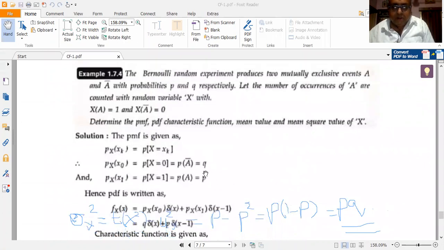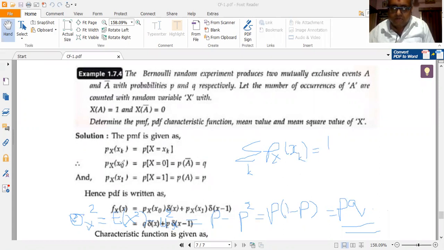The sum of these two probabilities should be equal to 1, right? So you may ask, sir, how is Q equal to 1 minus P? The answer is this. Let me write it. The sum of PMF is equal to 1, no? Summation for all K of Px of xk is equal to 1.